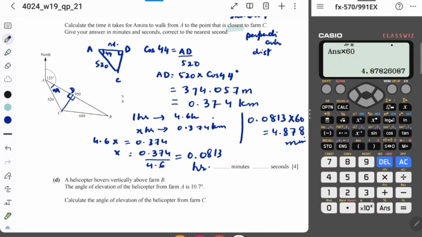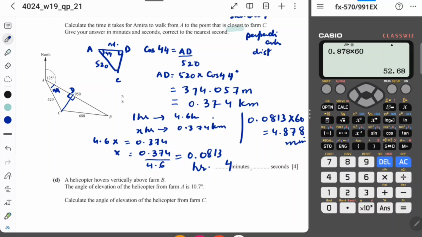So it means 4 minutes and 0.878. If we multiply 0.878 by 60 to write the timings into seconds, it will become 52.68.